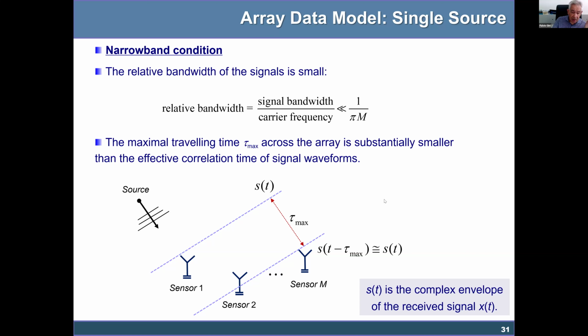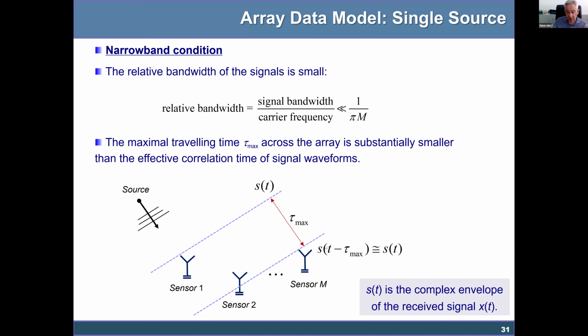Roughly speaking, I repeat, the narrowband assumption implies that if the maximum value of tau m is denoted by tau max, so tau max is the maximal traveling time across the array, during this traveling time, so during the time the waveform travels across the array, the signal does not decorrelate.